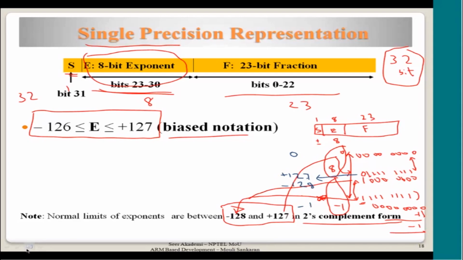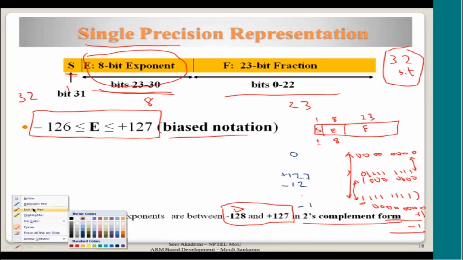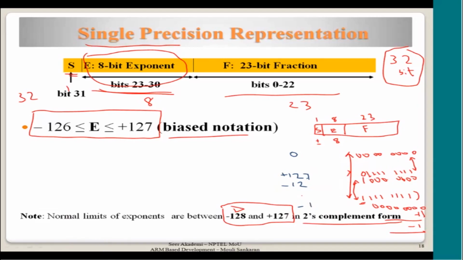Okay, let me erase these. Now you see here this number is going from 00 to 111. The values in 2's complement are going like this.